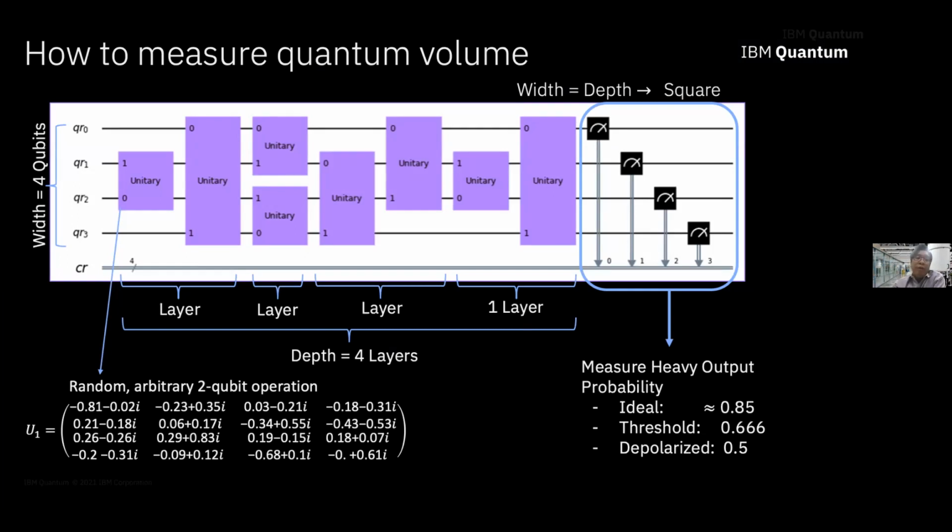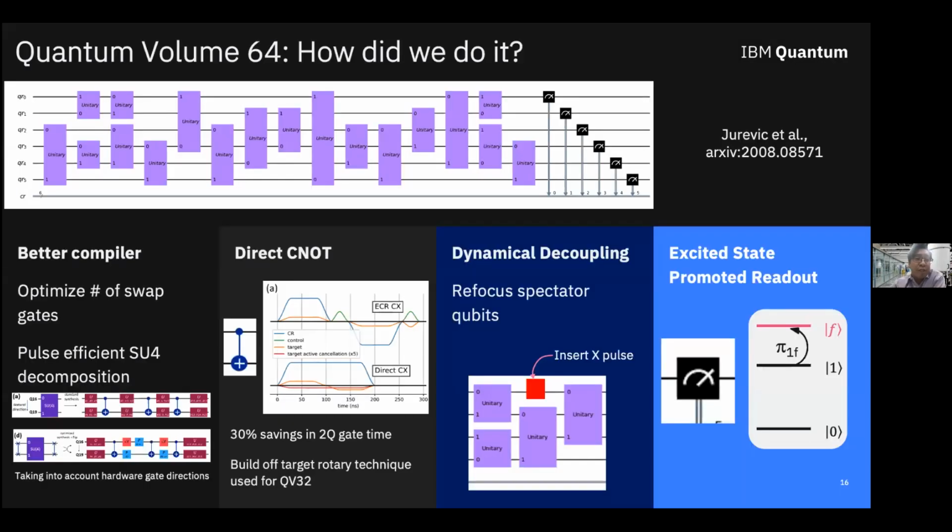But then that results in effectively how that gets compiled onto physical hardware, right? And so last year we actually drove to achieve quantum volume 64 on one of our Falcon processors.